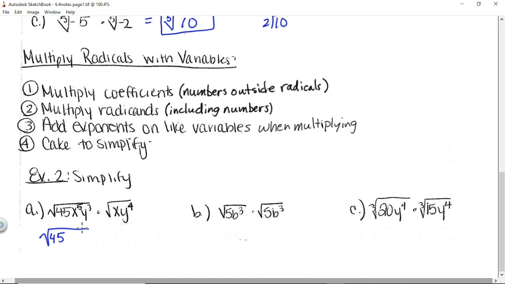Now we need to multiply everything else inside the radical and add the exponents on like variables. We have x to the fifth in this one, and over here is x to the first. So we add those exponents, so it's x to the sixth. And for the y, we have y to the fourth, y to the third, and y to the fourth. So that's y to the seventh.